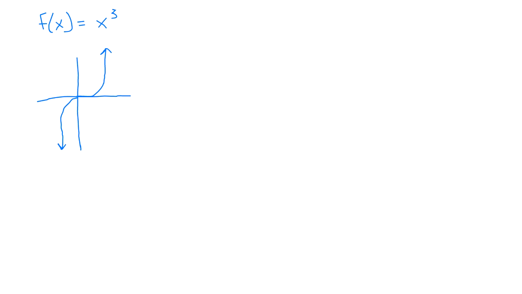The derivative of x cubed is going to be 3x squared. And now let's look at the graph for that. Three x squared is going to be an upwards facing parabola.